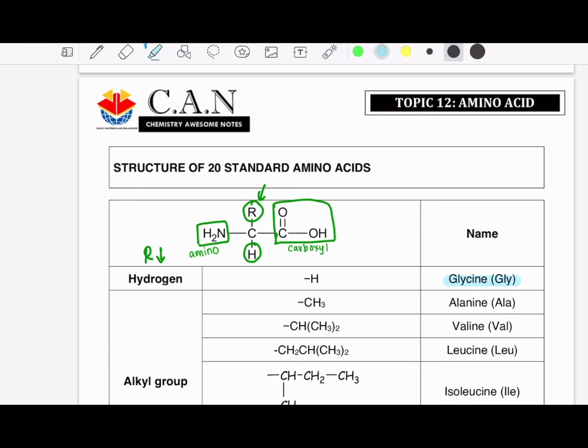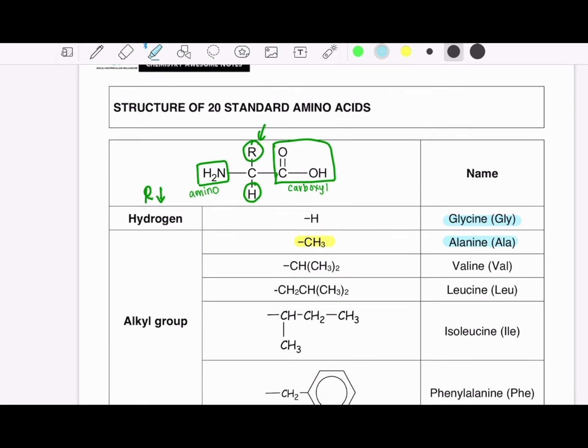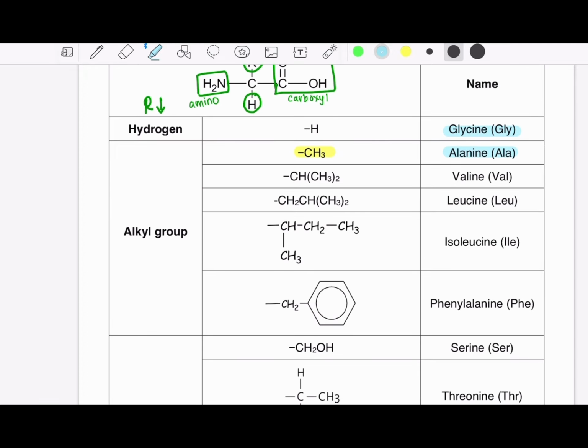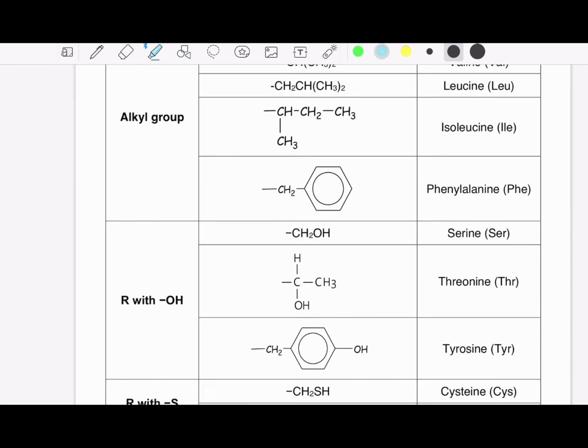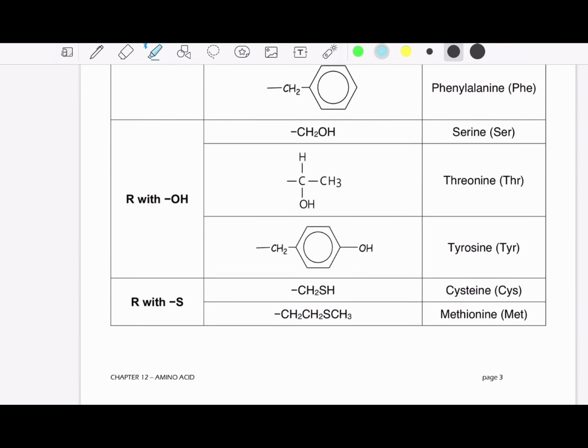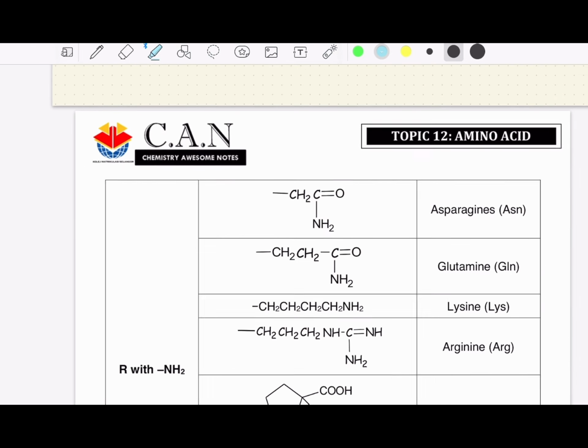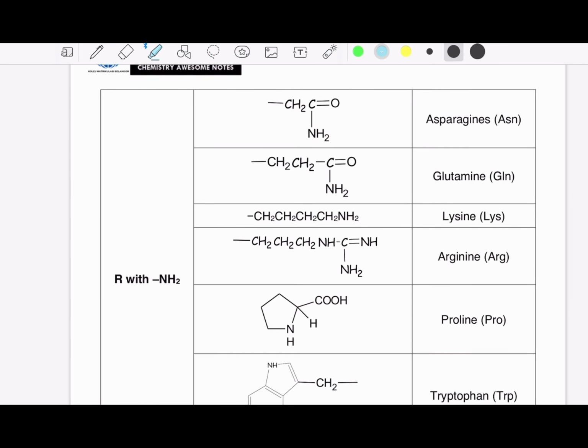Now, if your R is replaced by methyl, then the amino acid is known as alanine. Then we have valine, leucine, isoleucine, phenylalanine, serine, threonine, tyrosine, cysteine, methionine, and so on. What else do we have? We have asparagine, glutamine, lysine.